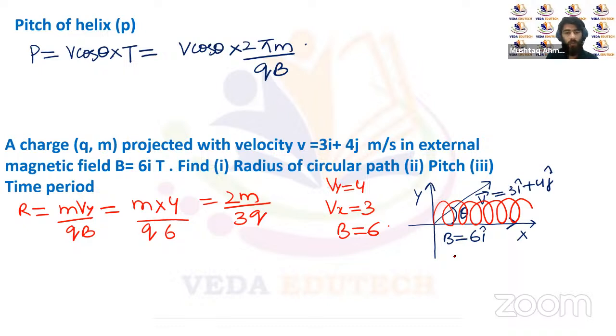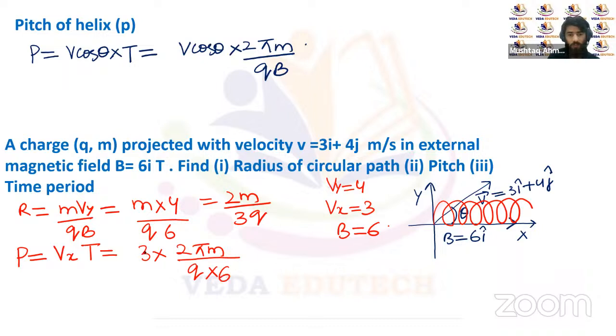Now calculating the pitch. Pitch P is the Vx, the horizontal component of velocity, multiplied by the time period. Vx is equal to 3, times the time period. We know the time period is 2 pi m upon qB, and B has the value 6 here.